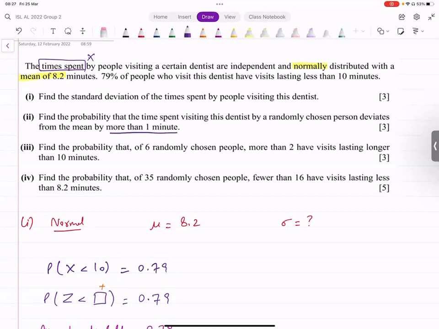More than 1 minute से deviate करता है, इसका क्या मतलब है? देखें, mean was 8.2, अब या तो time आपका 7.2 से कम होना चाहिए, या 9.2 से बड़ा हो. ये दो probabilities find करनी है, इनको add कर देना.